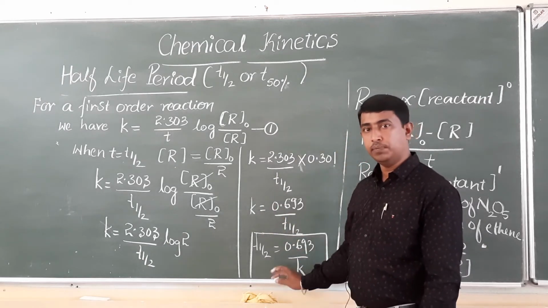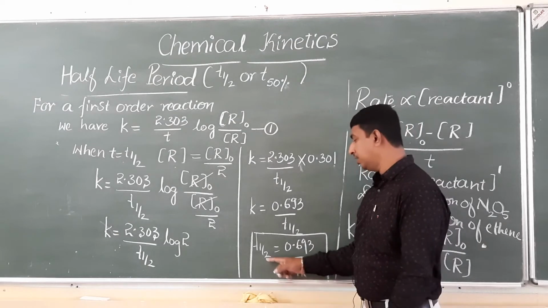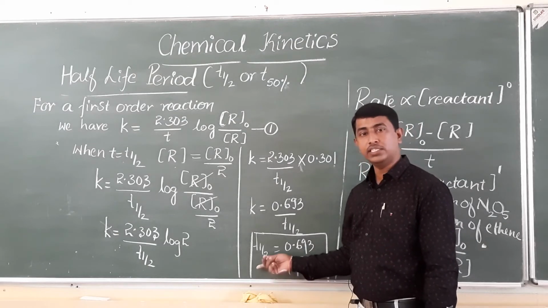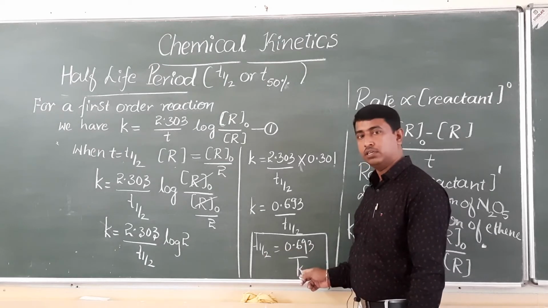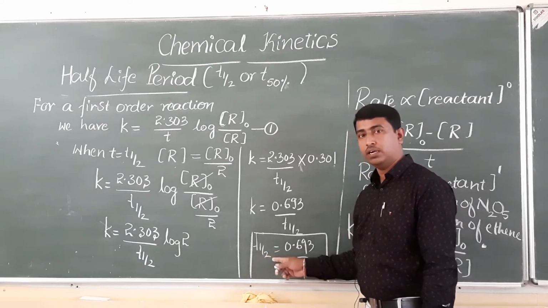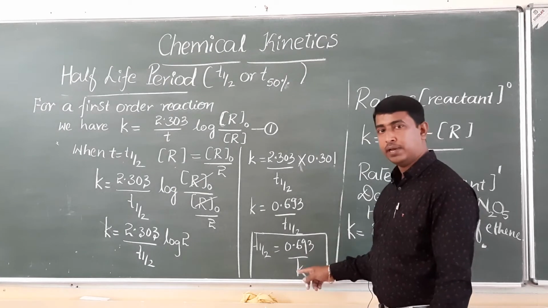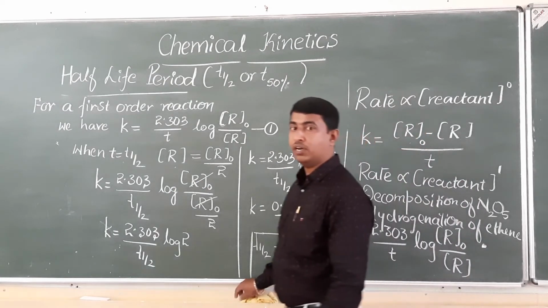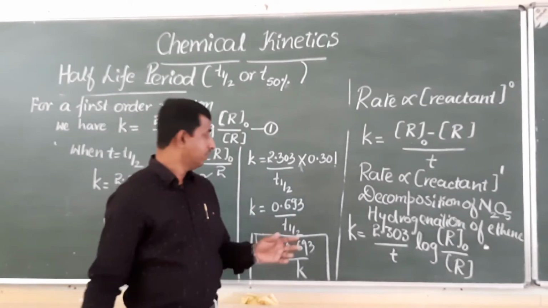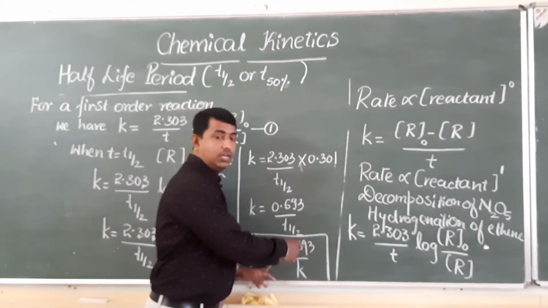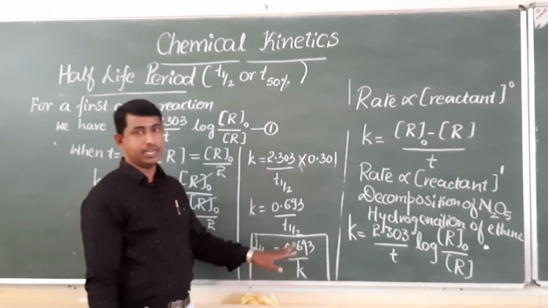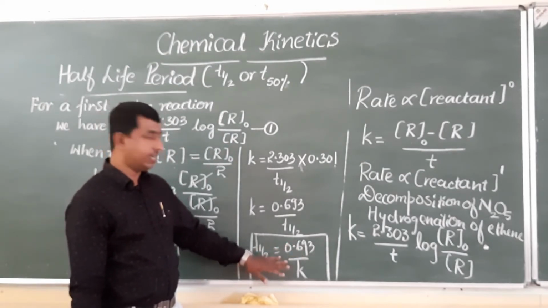Observe this expression properly. In this expression, there is no initial concentration term. Can you see the R naught value here? No. So T half equals 0.693 by K, means the expression for half-life period in the case of a first order reaction does not contain any initial concentration term.